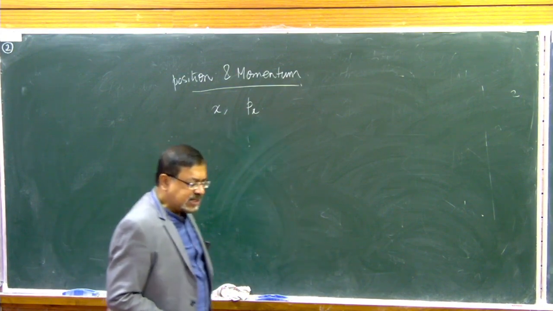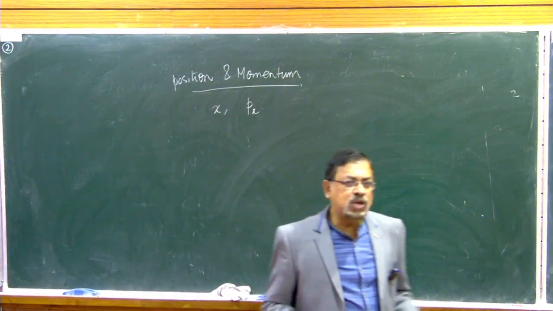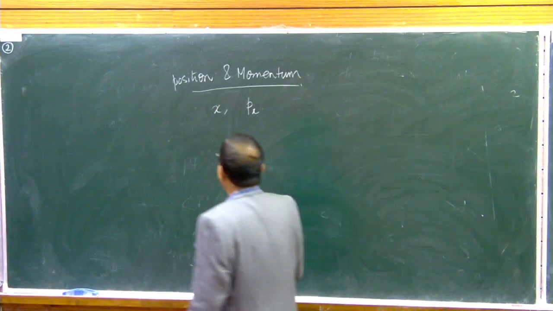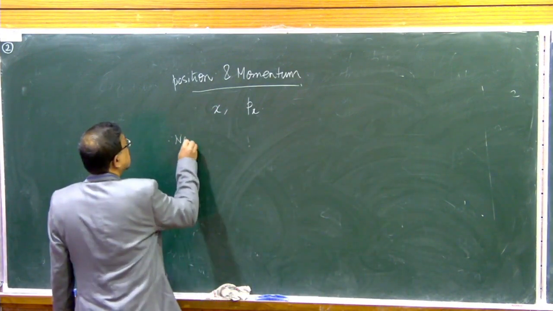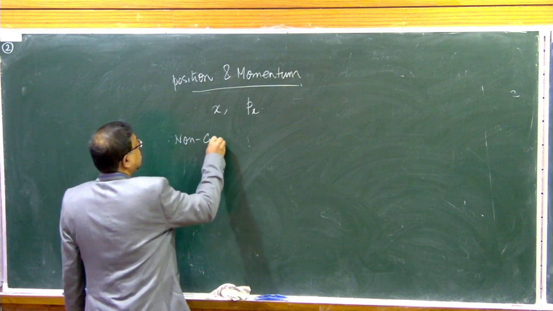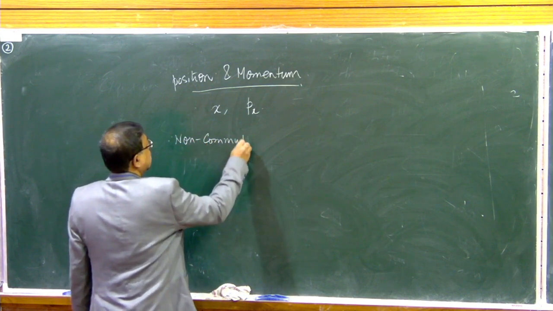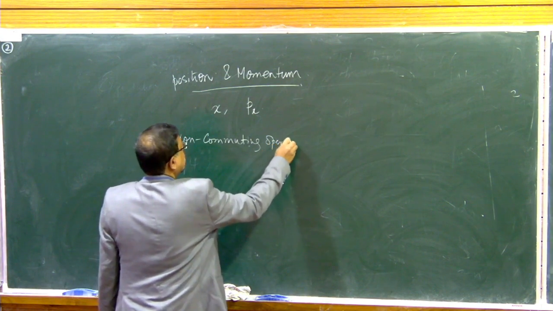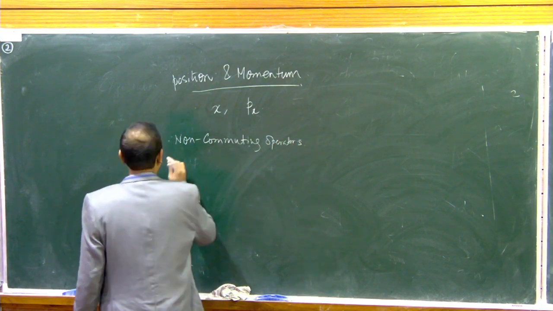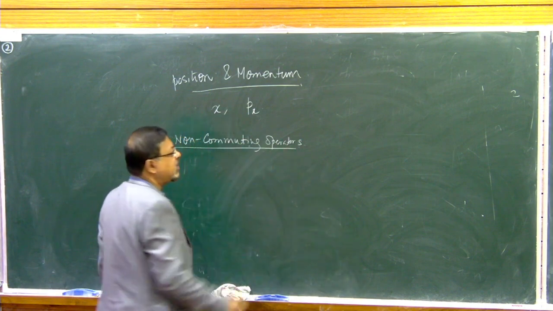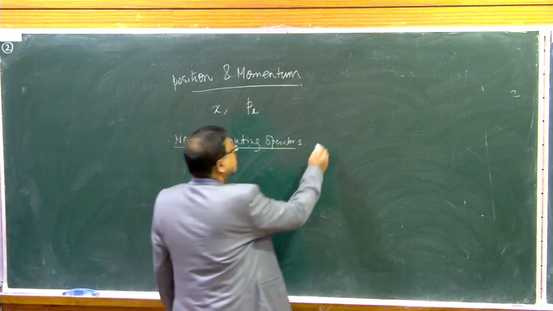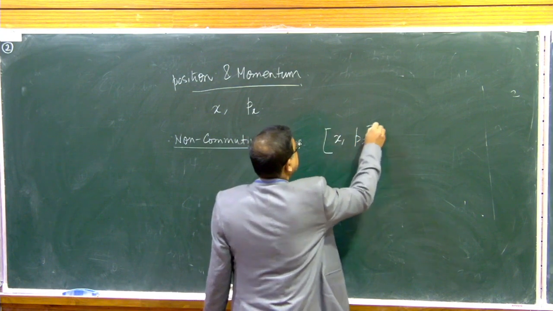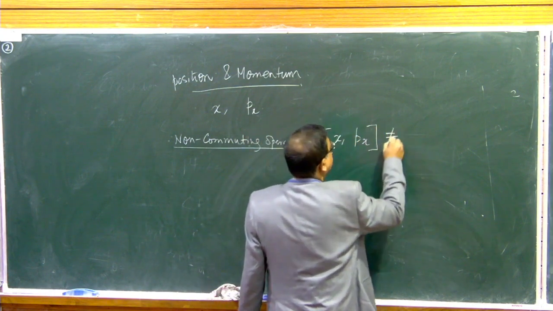Now, this x and px are two operators, and these two operators are called non-commuting operators. And what I mean by non-commuting operators is that the commutator of x and px is not equal to 0.